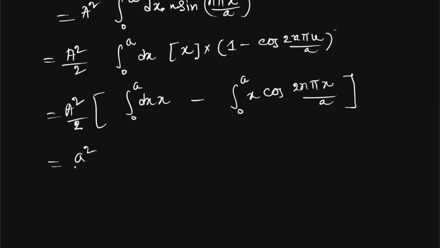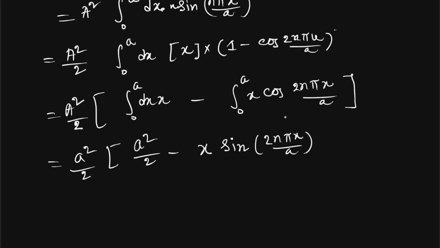It will be (a²/2) times [x²/2 from the first term] minus, let us integrate the second, x sin(2nπx/a), and we integrate it by parts.